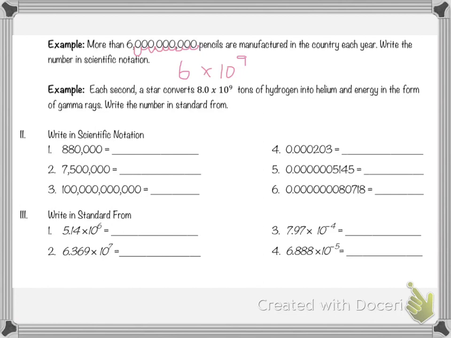So if I wanted to write this in standard form, then it's going to be 8, and I'm going to move it 1, 2, 3, 4, 5, 6, 7, 8, 9. Whoops, it's pretty ugly. So we'll add those zeros. 1, 2, 3, 4, 5, 6, 7, 8, 9. Okay. Just put your little commas here.